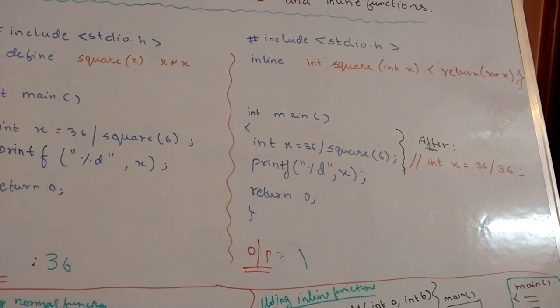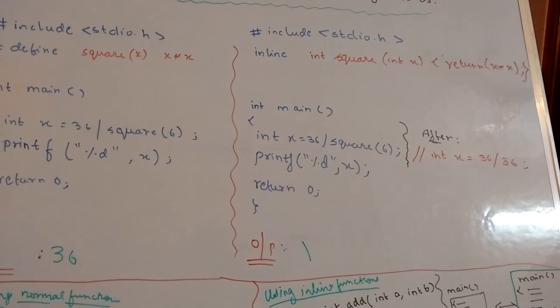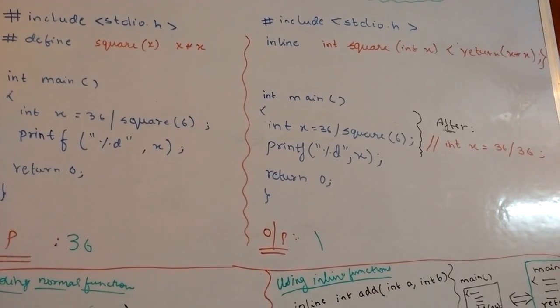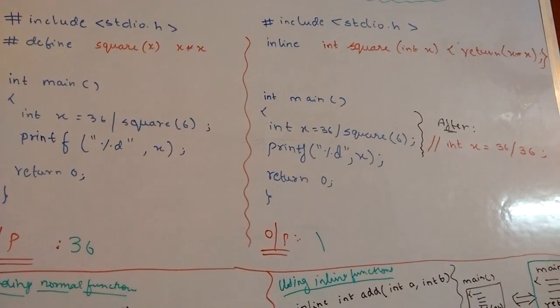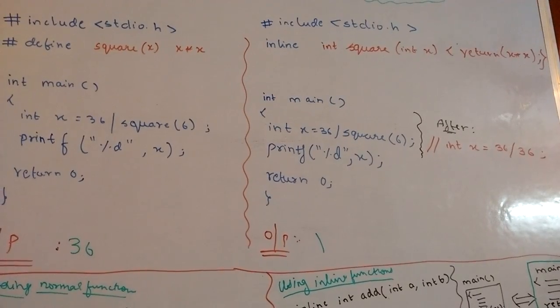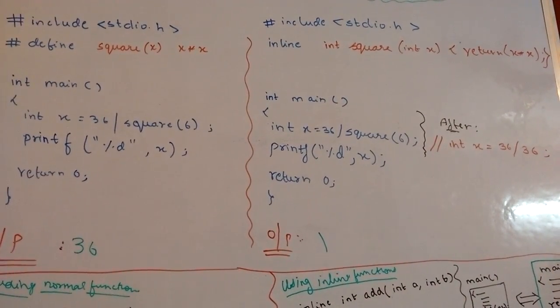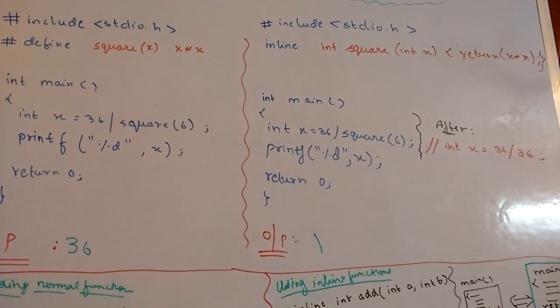Afterwards when I print x, the output would be 36 by 36, which is 1. As you can see, the outputs are different for almost the same program. So the difference is that in macros nothing is calculated, it's copied and pasted as it is. In an inline function it is first calculated and then pasted.